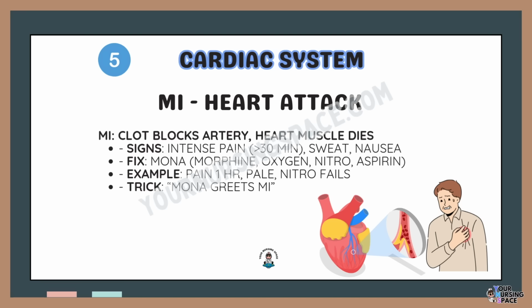The chest pain in an MI is severe and unrelenting, often lasting 30 minutes or more, and unlike angina, it doesn't respond to nitroglycerin. Patients frequently experience additional symptoms, such as profuse sweating, nausea, and shortness of breath. And interestingly, women might present atypically, feeling only profound fatigue or vague discomfort rather than classic chest pain.